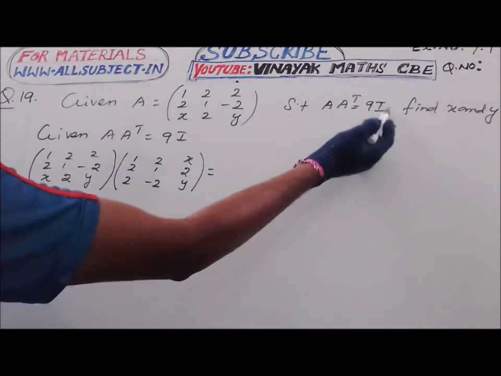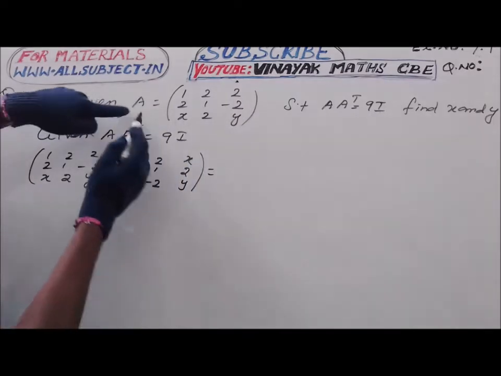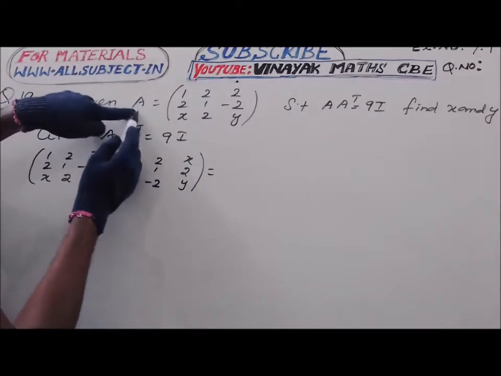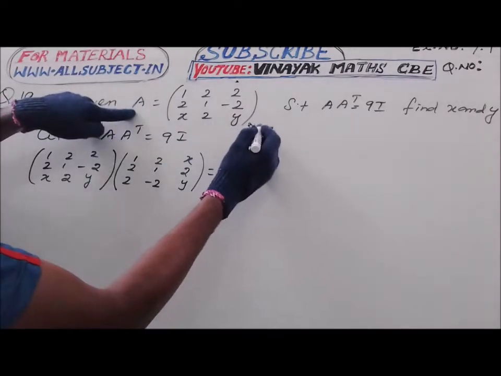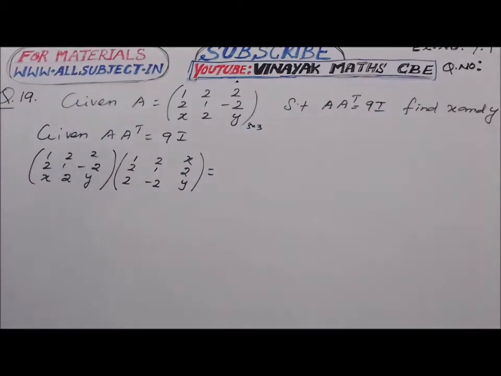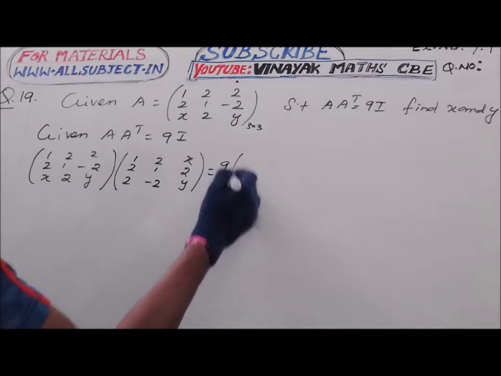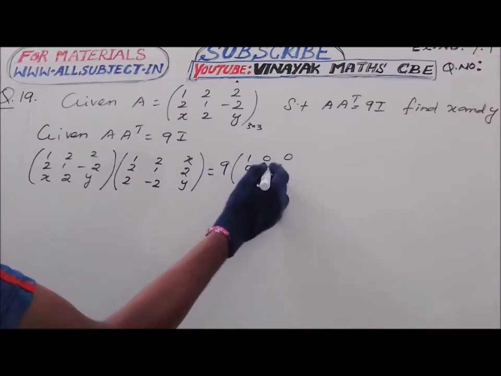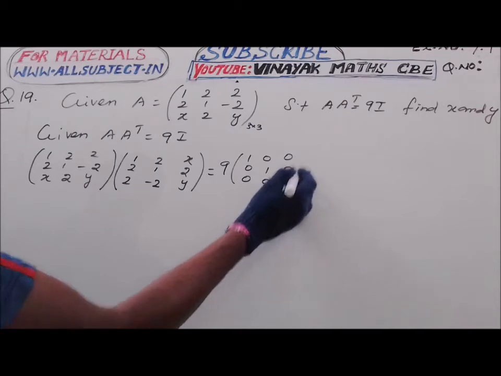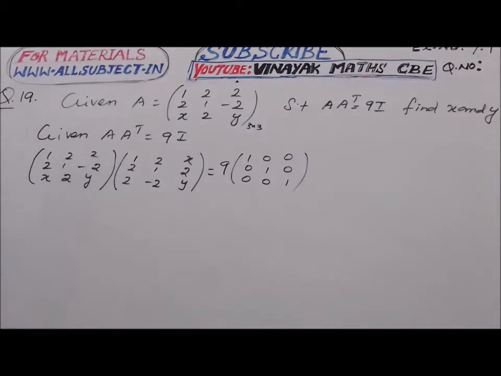We should take a unit matrix of order corresponding to A. A is of order 3 by 3, so we take I of order 3 by 3. So 9 into I means 9 into [1, 0, 0; 0, 1, 0; 0, 0, 1].